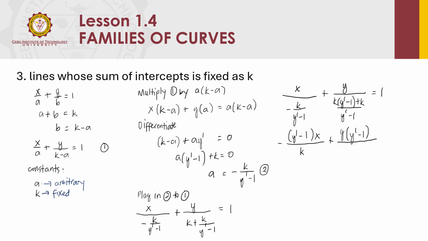We can distribute the k, so k times y prime minus k plus k. So if we're going to simplify, it's only ky prime in the denominator, and the right side is 1. Then let's write first the resulting fraction after simplifying. So that's ky prime equals 1.